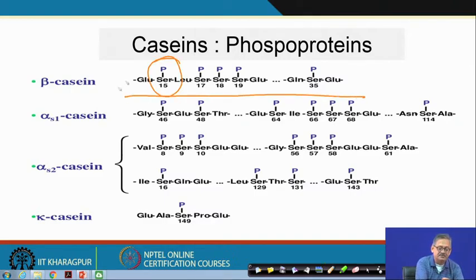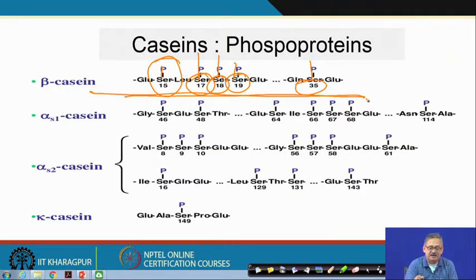In the 15th position, this is one phosphate, in 17th position another phosphate, in 18th position another phosphate, in 19th position another phosphate, like that in 35th position another phosphate. So, these are normally in the beta casein.